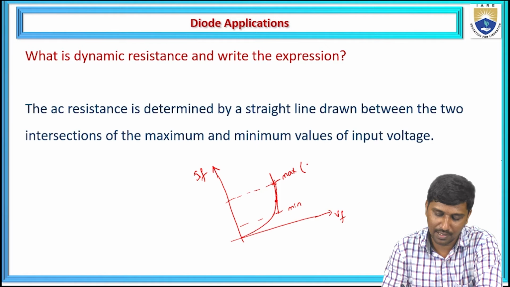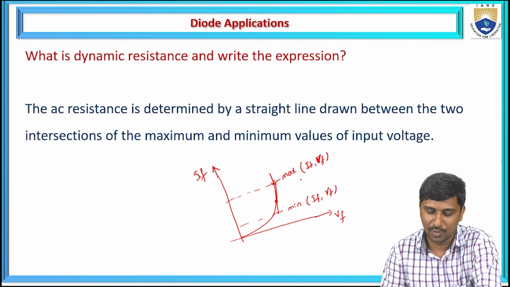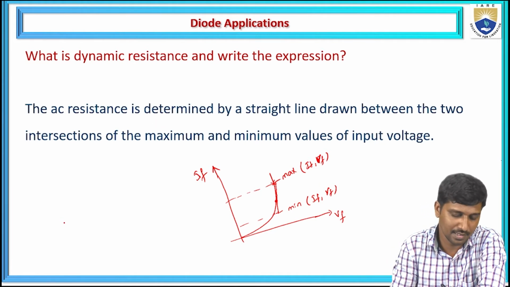The maximum contains the maximum IF and maximum VF, and the other node contains the minimum current and minimum voltage. The ratio of the potential difference between these voltages and currents is called AC resistance.